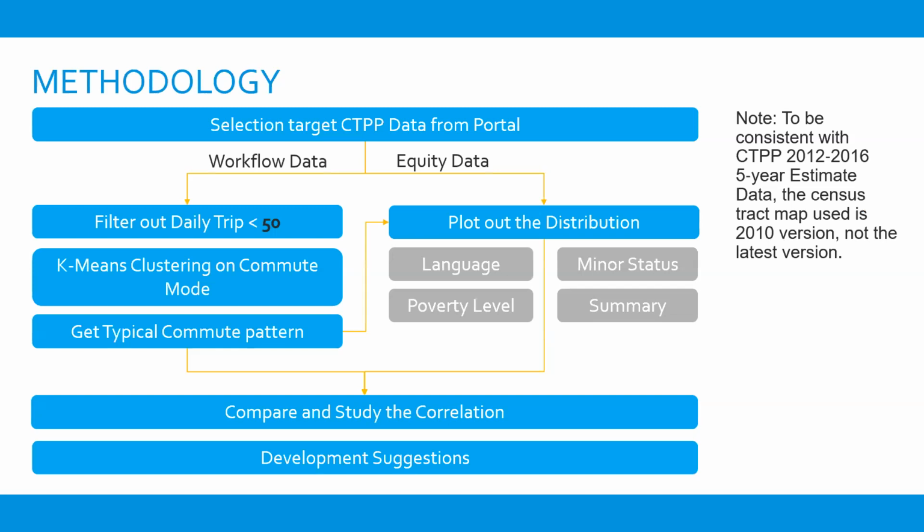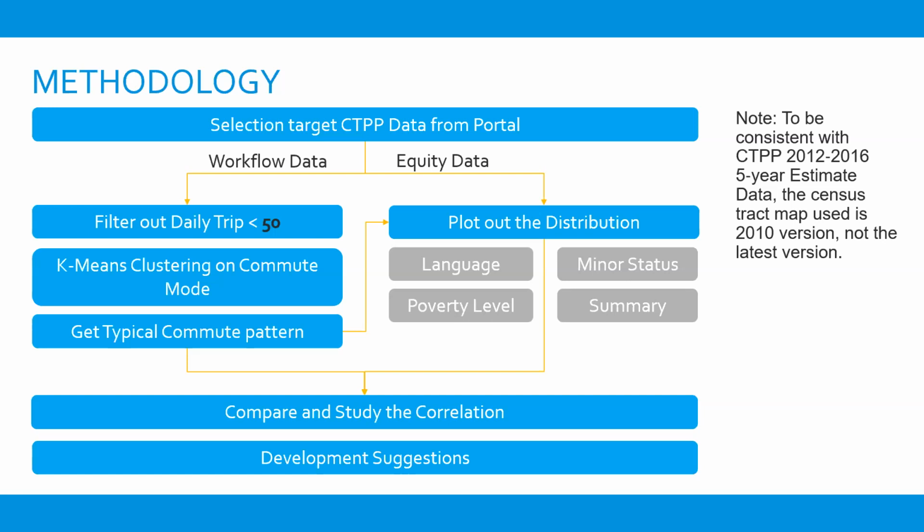And then to talk about the methodology of this study. This study can be divided into two parts. The first part is the workflow part. First, we filter out the daily trips of less than 50 per day, and then we apply k-means clustering on the commute mode.